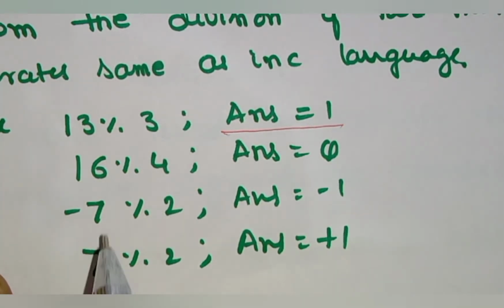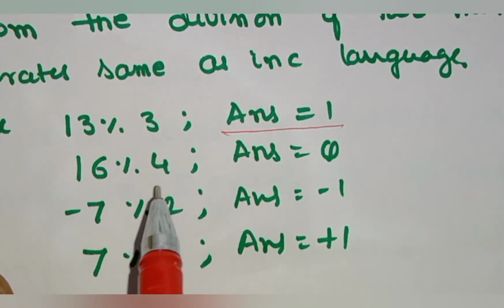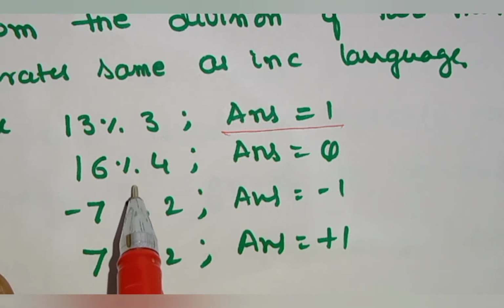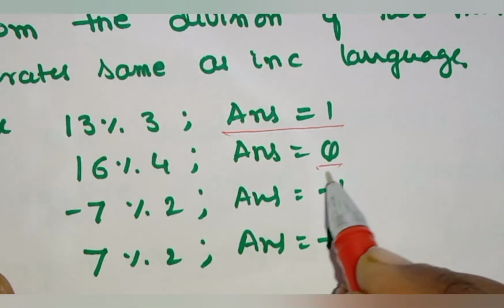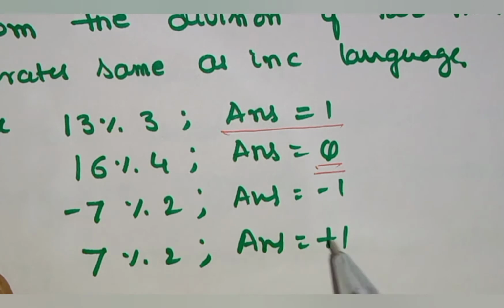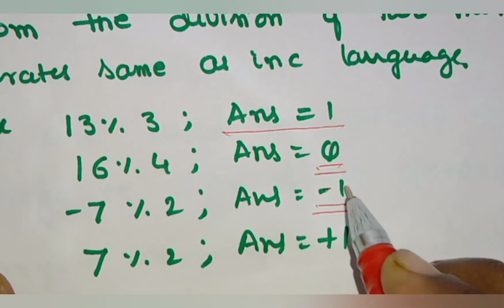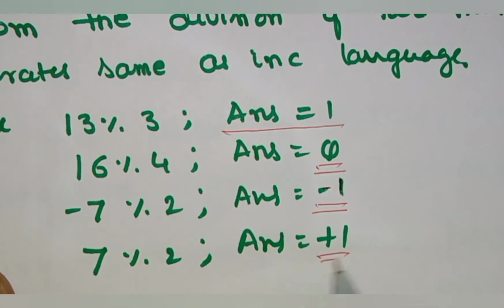Similarly, the second example: if you divide 16 by 4 with the modulus operator, it gives the remainder. 4 fours are 16, so the remainder is 0. Next, if I do minus 7 modulus 2, it gives the remainder as minus 1. The result takes the sign of the first operand. And 7 modulus 2 gives plus 1.